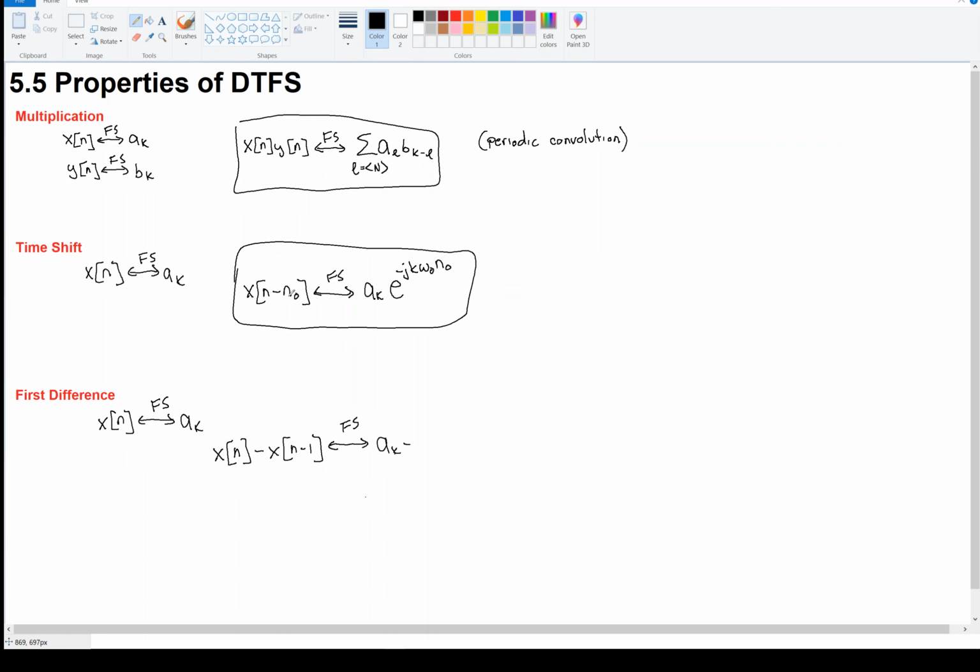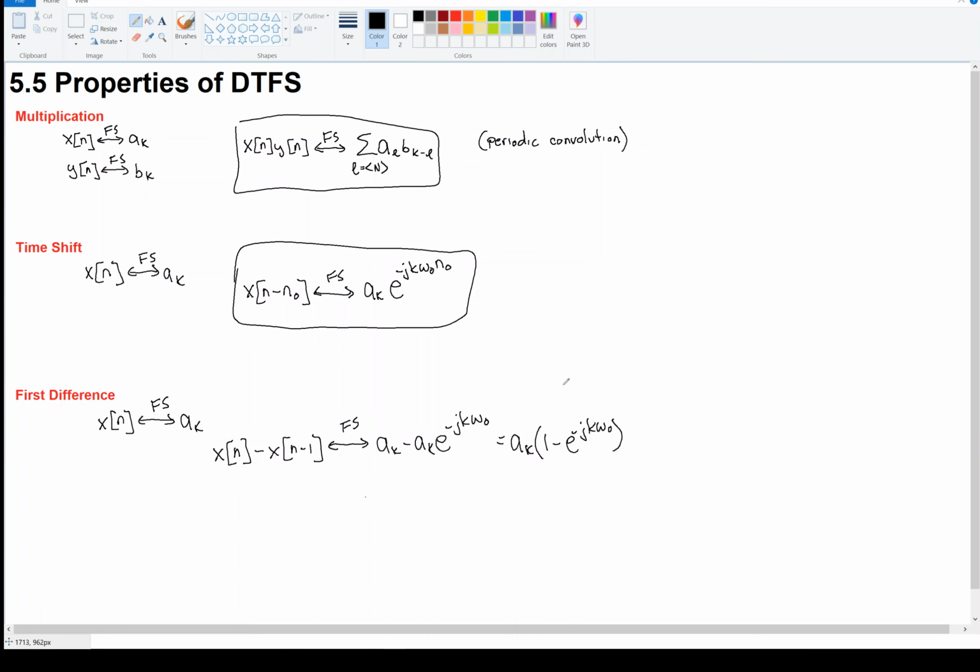That's the time shift property with n0 being 1. I can factor out the a_k if I like, and that is the first difference property.